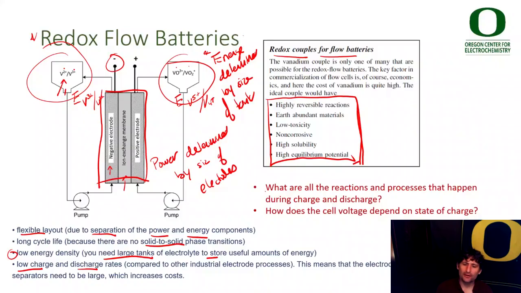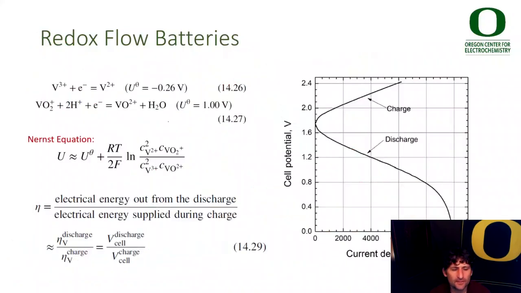Something useful to think about would be what the reactions and processes that happen during charge and discharge are, and how the cell voltage depends on the state of charge. Remember, these are all going to have Nernstian relationships, depending on the activity of the dissolved species. So you might think about that a little bit as we apply the concepts we've learned in previous courses to this application.